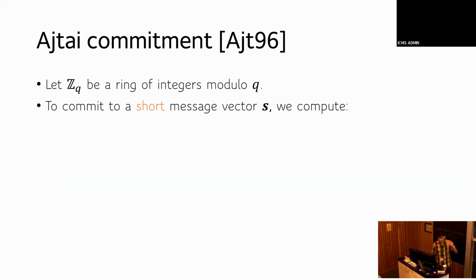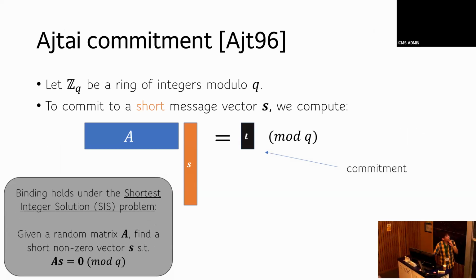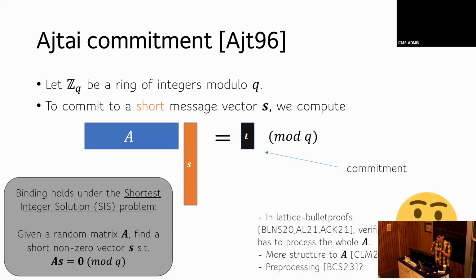So that's the Ajtai commitment. As before, if I want to commit to a short vector S, I compute A times S, which is compressing. T is the commitment, and binding holds under SIS.